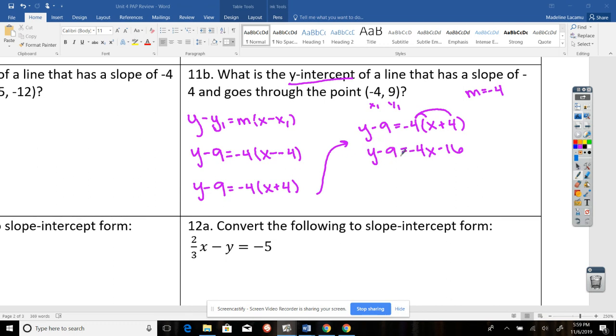Then I have to get rid of this -9 here, so I add 9 to both sides. So y equals -4x. -16 plus 9 is -7. So that means my y-intercept has to be (0, -7). That's my answer.